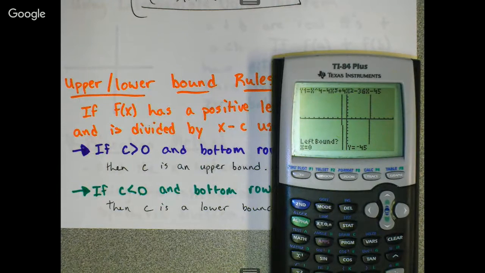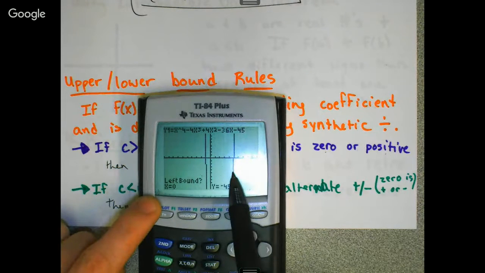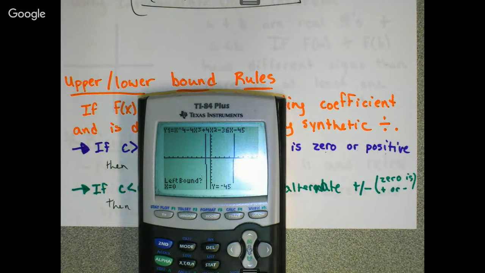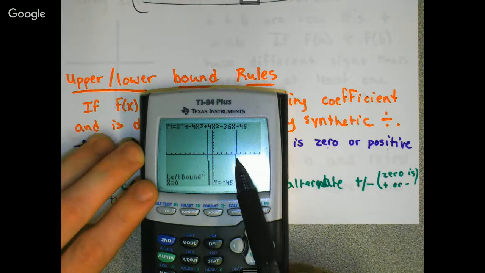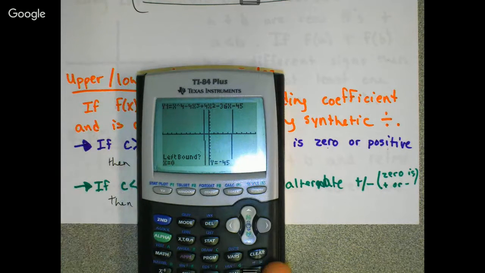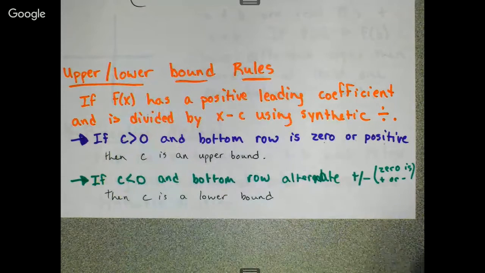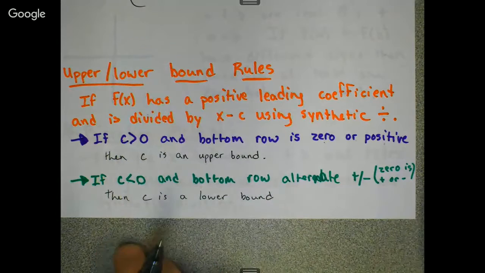Except here on left and right bound, it wants you to pick an x to the left and an x to the right. Upper and lower would be pick one above and pick one below. And I think Casio calculators might ask for upper and lower bounds instead, but they're very, very similar.